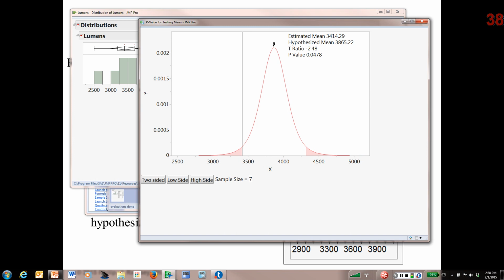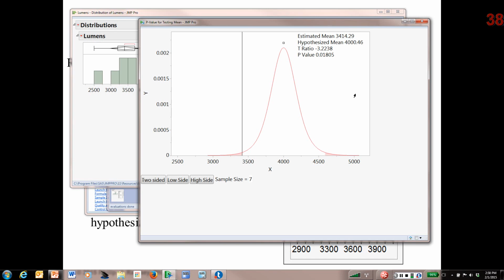Let's keep going. Let's go to an even more extreme hypothesis. So I'm going to go out as close as I can get it. 4,000. Let's round it off. The null hypothesis is 4,000. I assume it's true. So now the question is, what's the probability of observing a more extreme value of the test statistic, 3,414, the sample average, given the theoretical mean is 4,000?